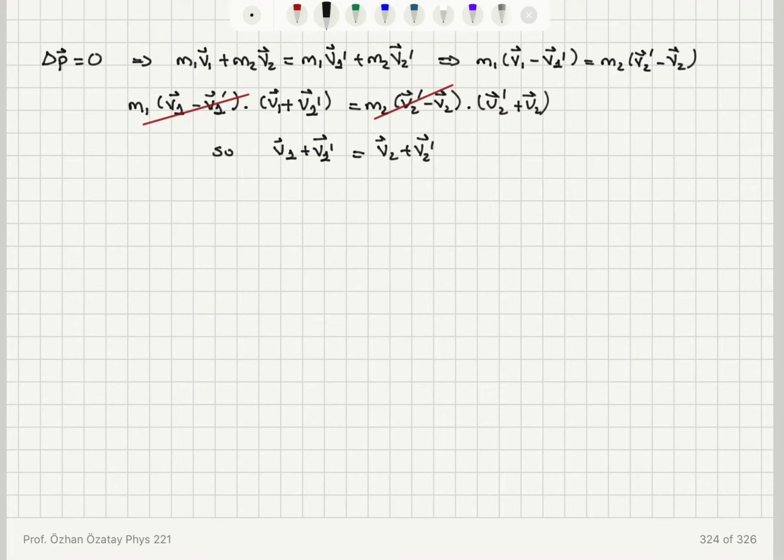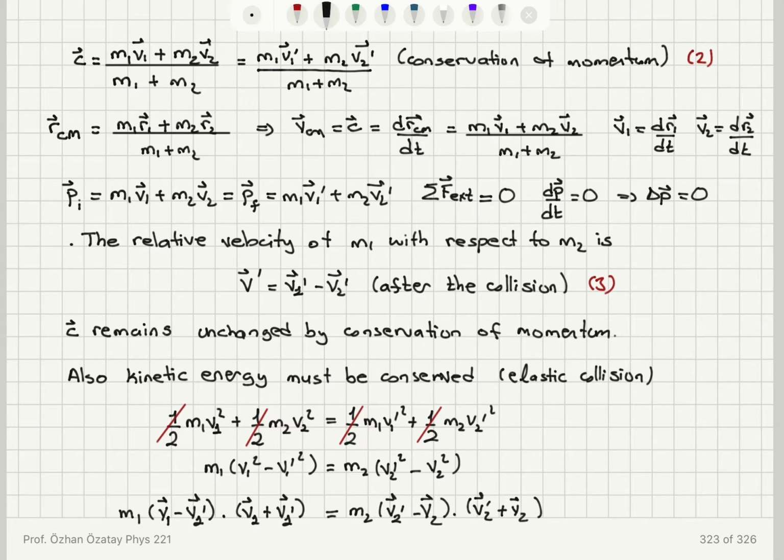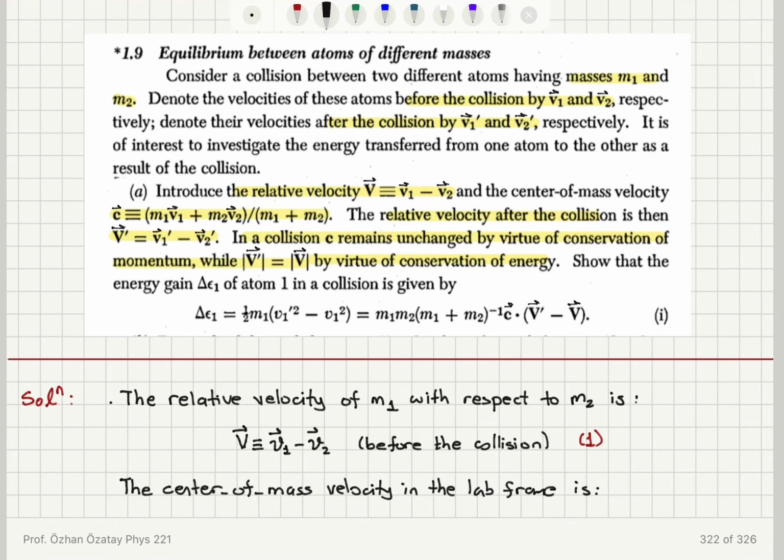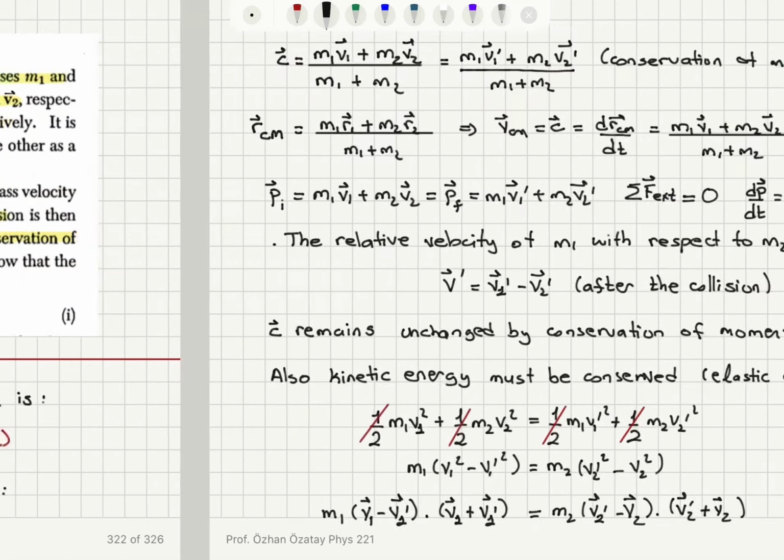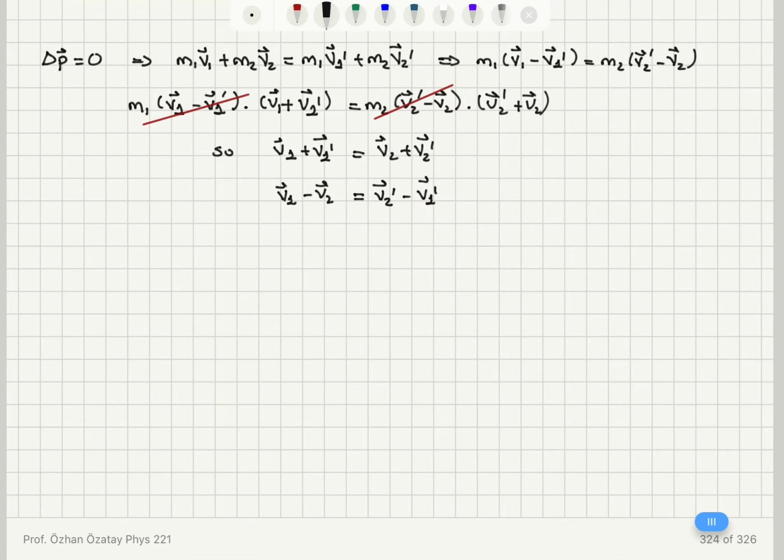So this means that if you write v1 minus v2 on the left hand side, this must be equal to v2 prime minus v1 prime on the right hand side, while v1 minus v2 is basically what we called capital V, the relative velocity of m1 with respect to m2.